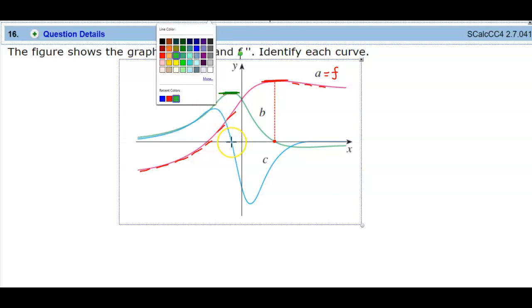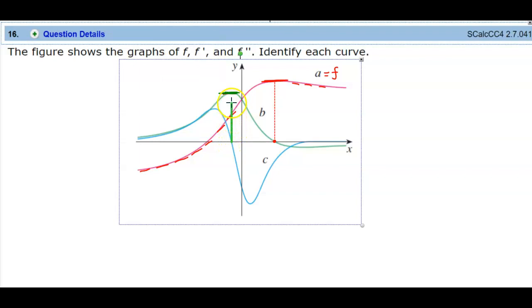Here is an x-intercept on that graph, and there is that x-intercept from that tangent line. Therefore, we would say that B does have an x-intercept there, which applies to C.